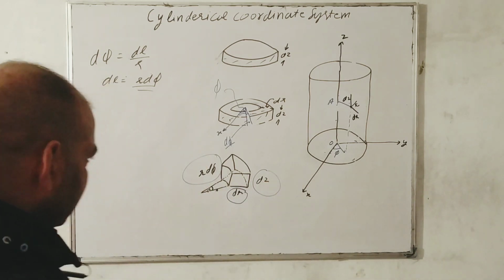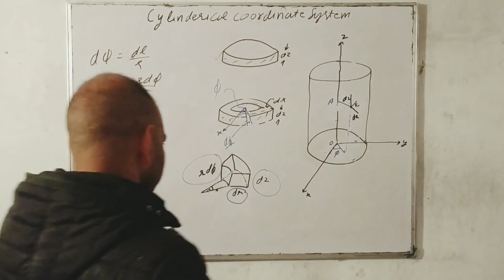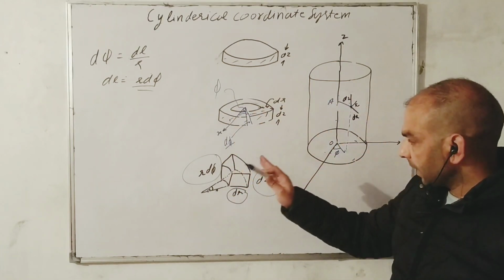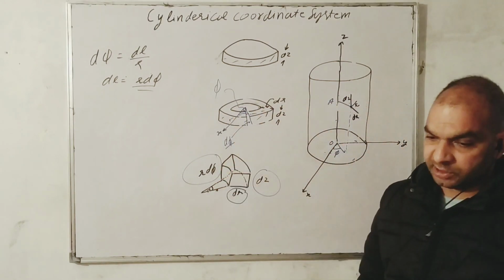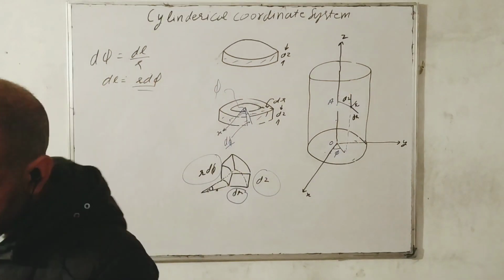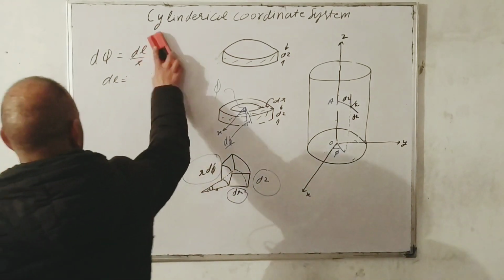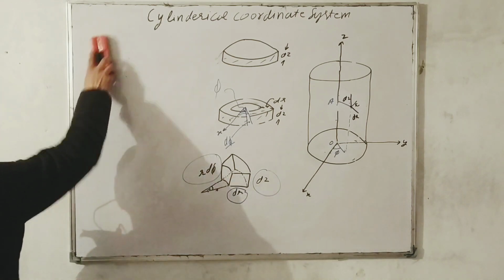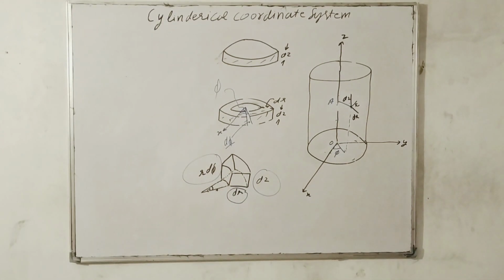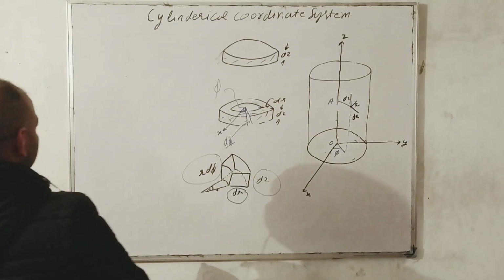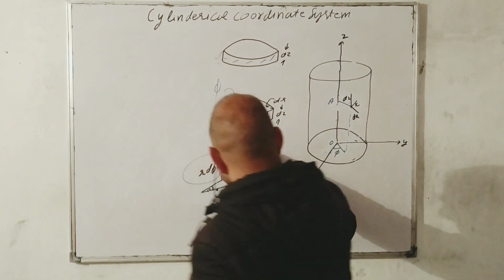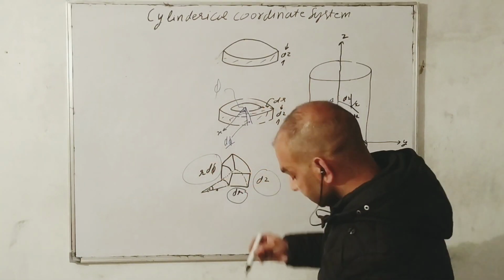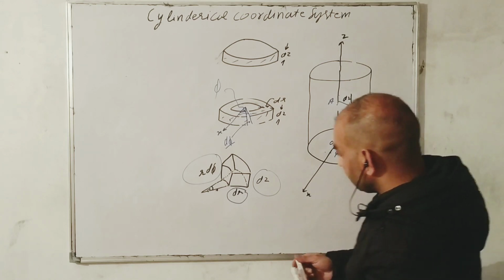So now we will write the line element in the cylindrical coordinate system. How will we write it? So I am writing it. The line element is along the diagonal.